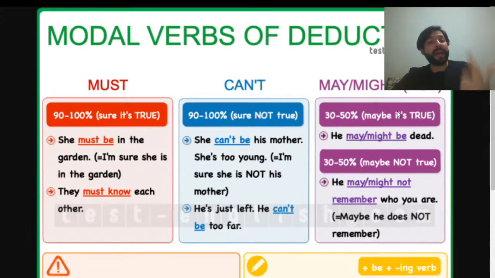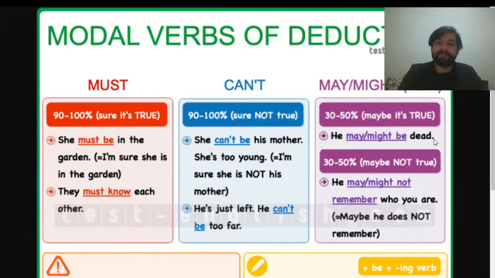May, might, could are like 50-50. So when you use may not, might not, or could, basically you don't have much information to say your opinion. You're just guessing. So he may or he might be dead. Do you remember that actor? Where is that actor? I don't know.